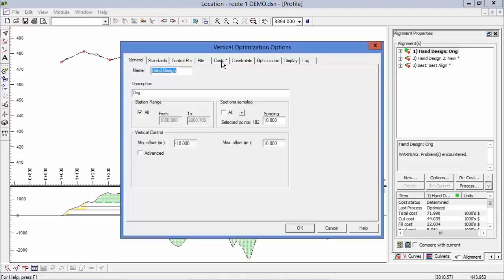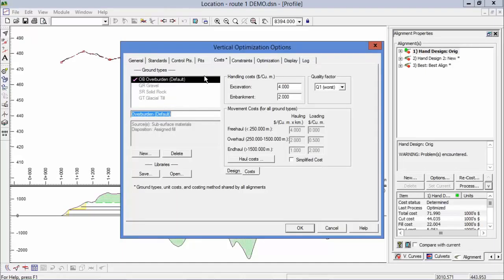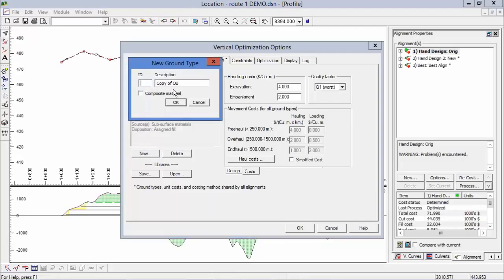If you go here into this cost panel, this is where we define the materials that are being used along the design. In this case, we only have overburden, but it's possible to create a new ground type, and this ground type could be a composite material.